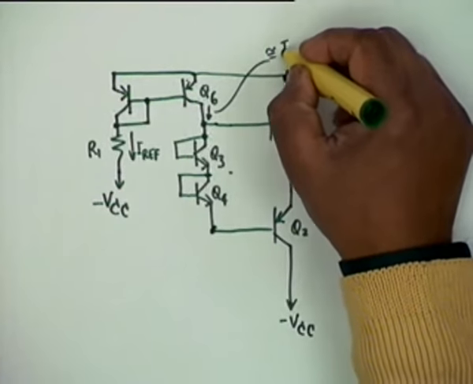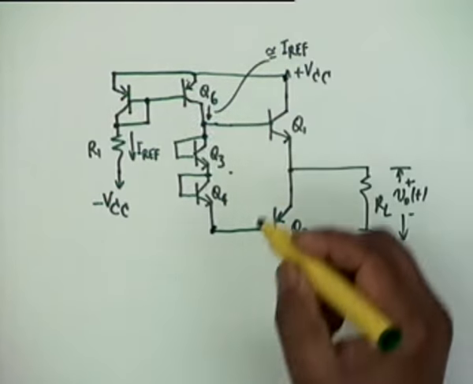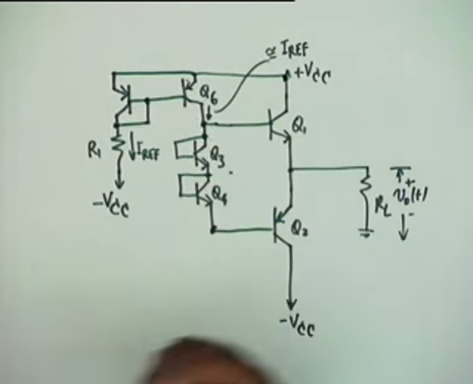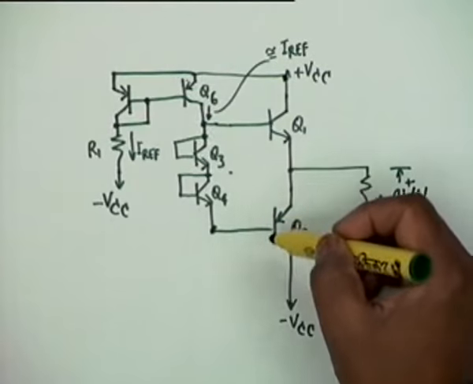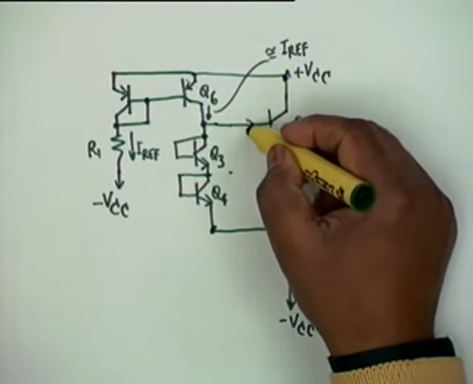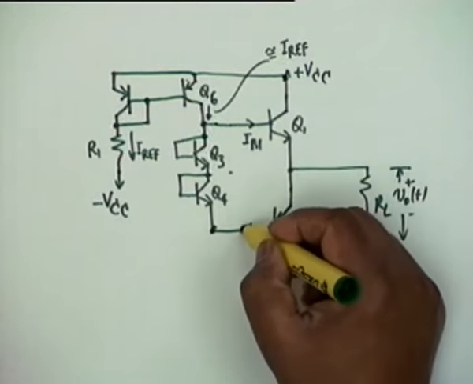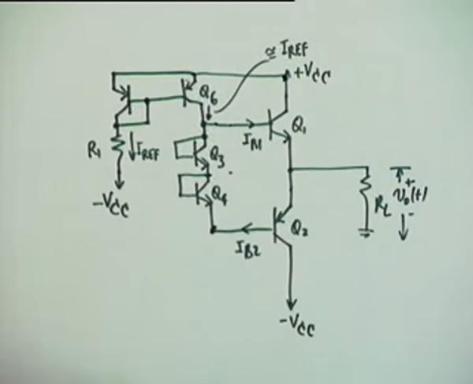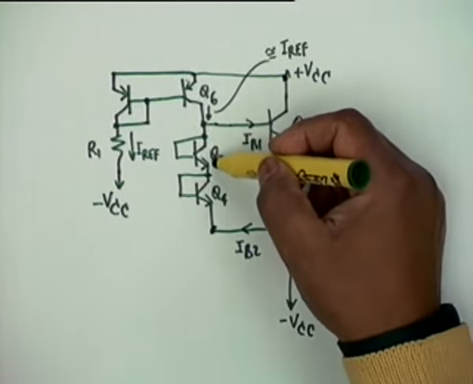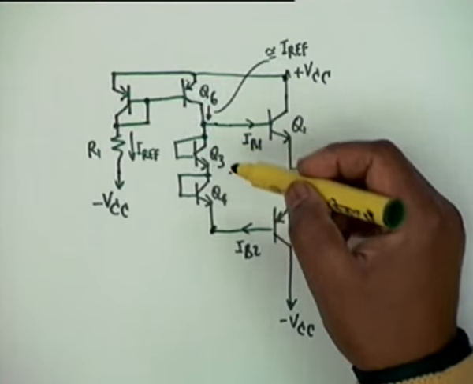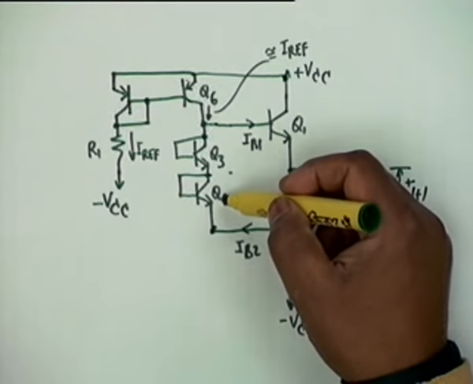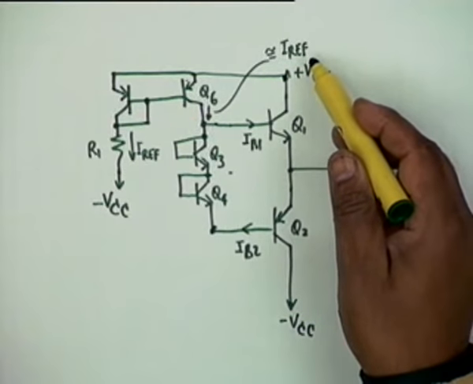So the current that passes through Q3 and Q4 shall be approximately equal to IREF each. Why approximately? Because we are ignoring IB1 and IB2. So IC3 is approximately equal to IC4, approximately equal to IREF.